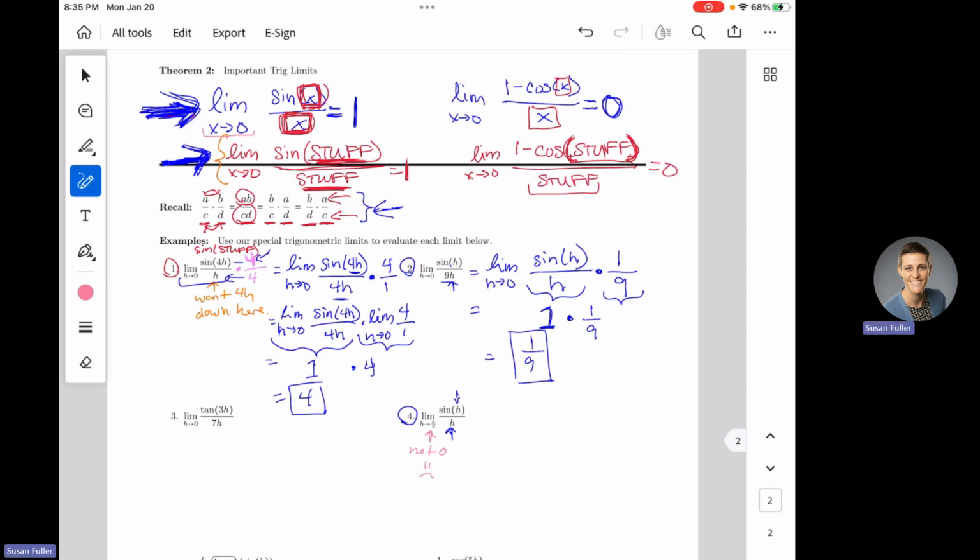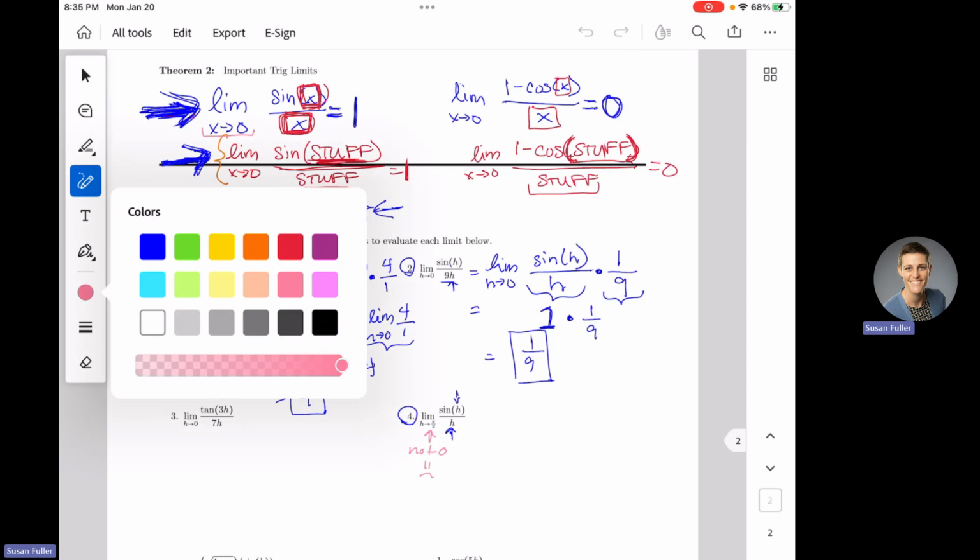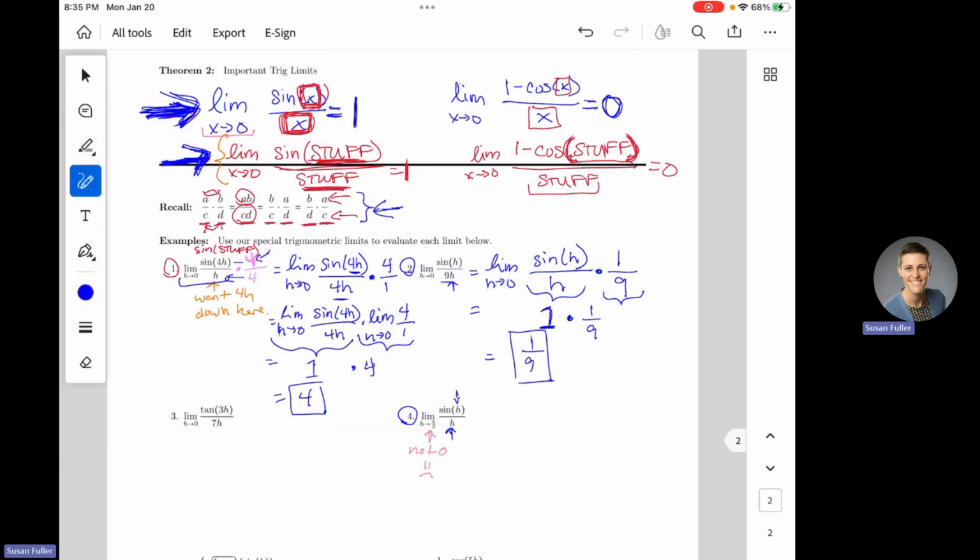We're going to evaluate this limit. How do you evaluate this limit? If I had given this problem to you way back a few weeks ago, what would you have done? You would plug in pi over 2. This is going to be the sine of pi over 2 all over pi over 2. The sine of pi over 2 is 1, so you get 1 over pi over 2.